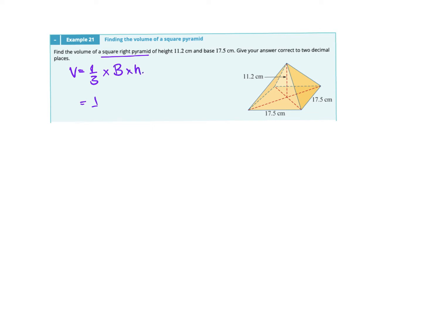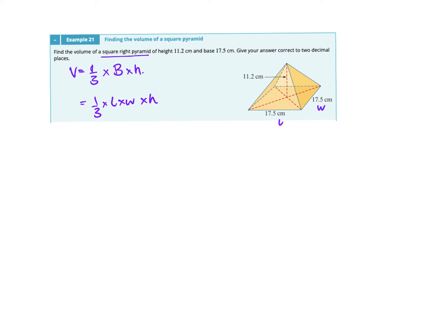So in this example we've got a square. So say we call this length and width. The area of a square is the length times the width, and then we times the height. So you can see with these pointy objects like a cone and a pyramid, it's always a third of the bottom shape, the base shape, and then times by the height.